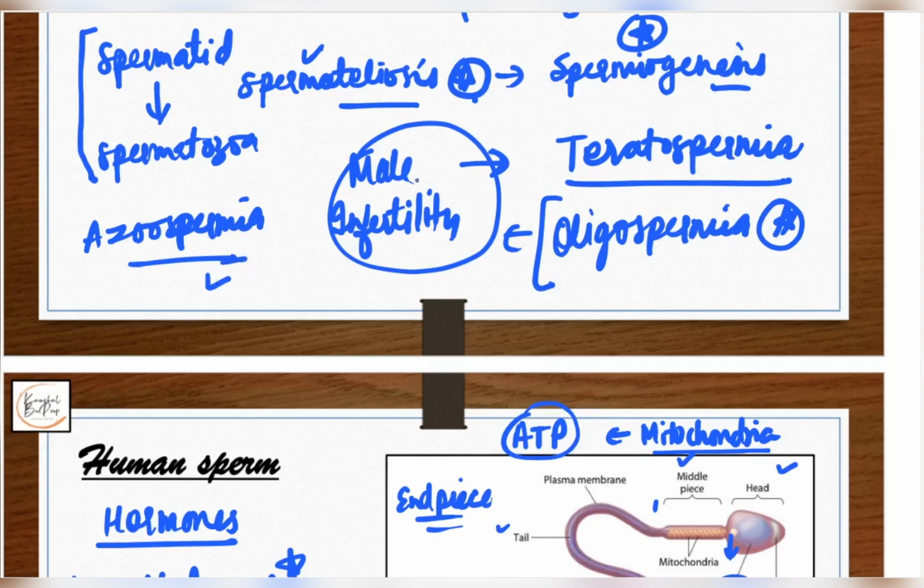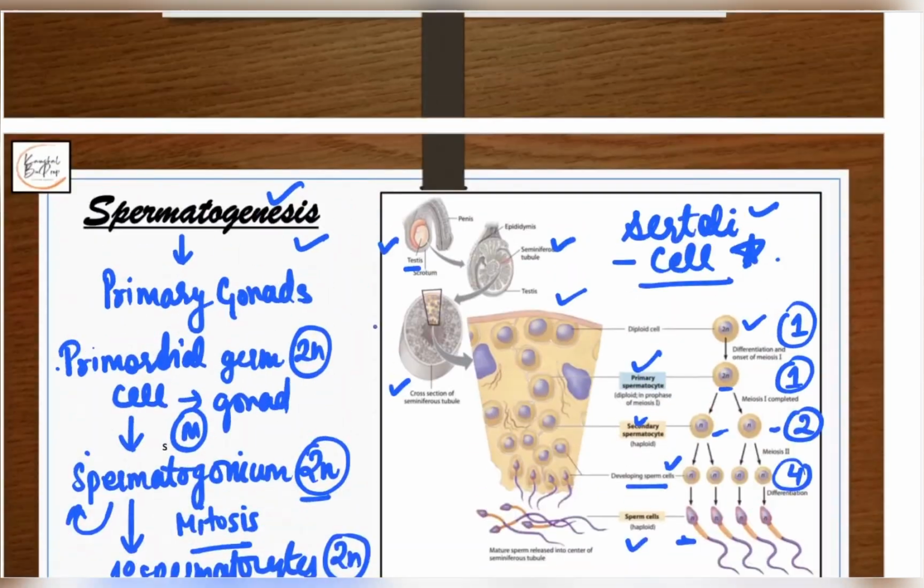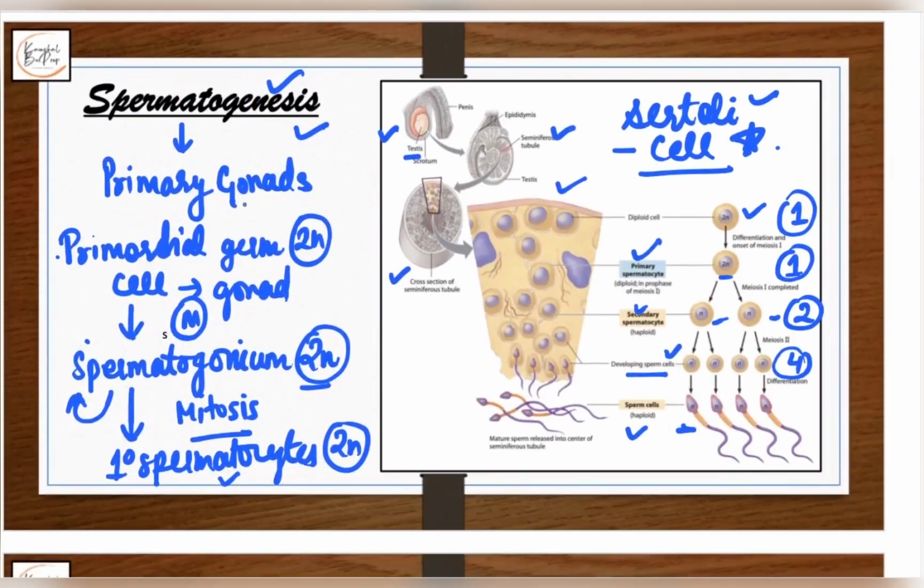Okay. So to summarize the spermatogenesis, I will just say it is a highly regulated and a continuous process in a male. Essentially for male fertility, it is very very important. It involves both mitotic and meiotic divisions, and it is under hormonal control. And this process is very very important for the production of the male gamete, that is sperm.